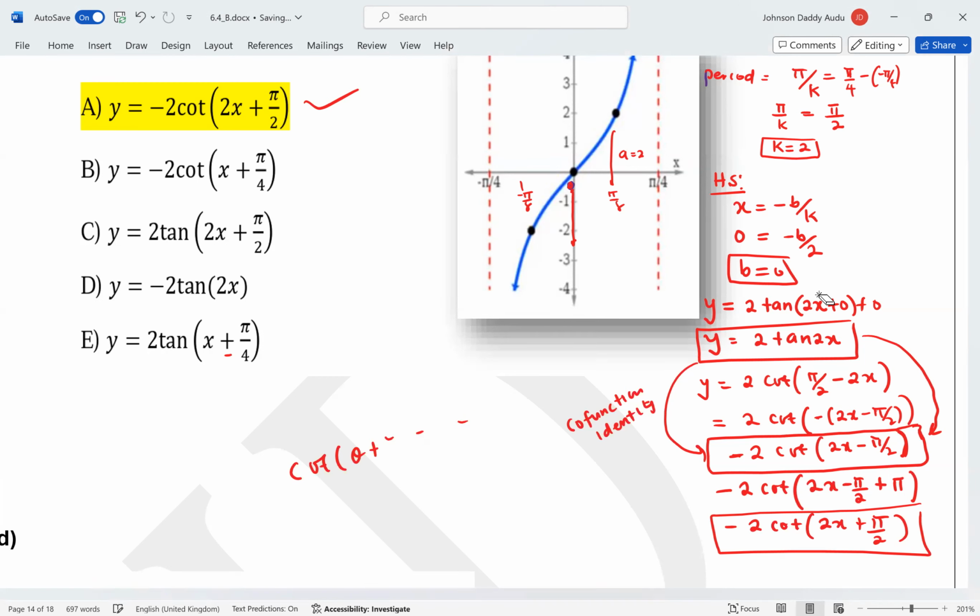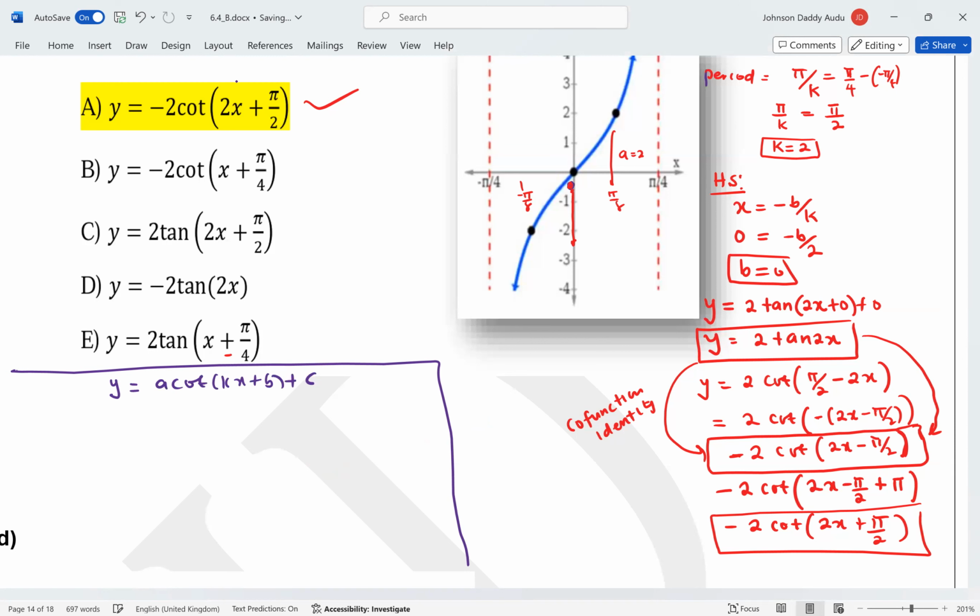The second way is trying to get it directly as the graph of cotan. So let's try to do it here as the graph of cotan. Let's say y is cotan kx plus b, plus c, right?